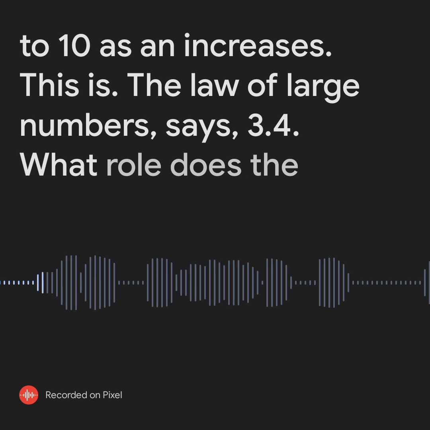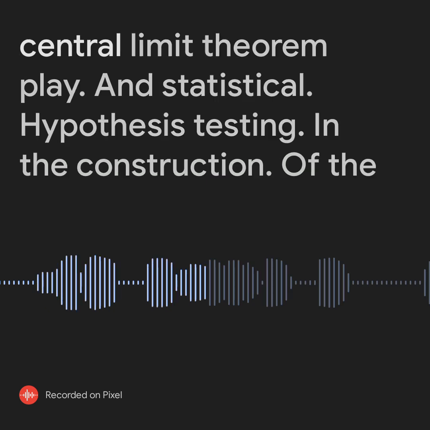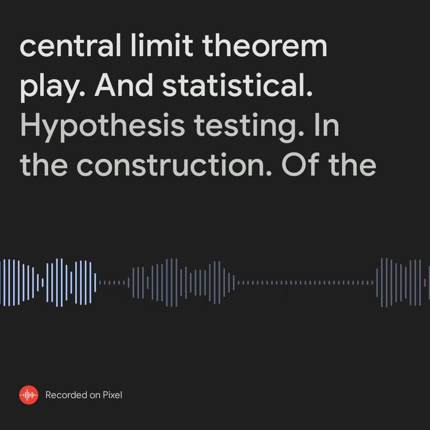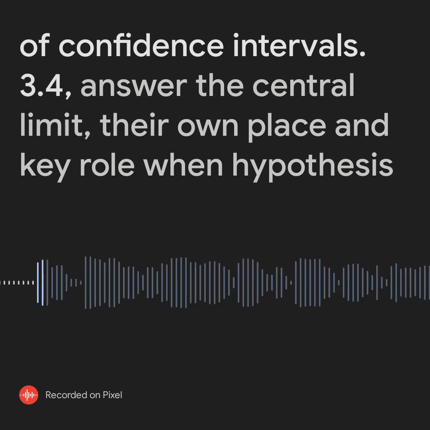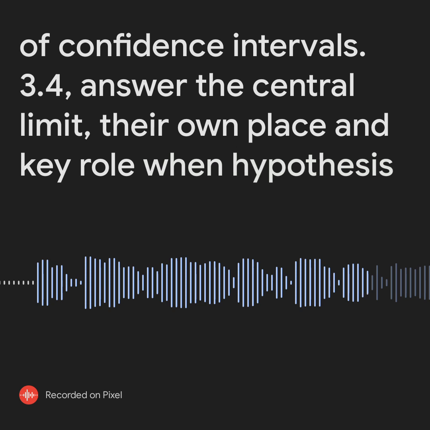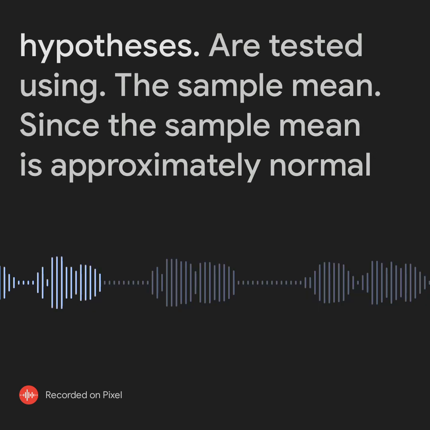3.4. What role does the central limit theorem play in statistical hypothesis testing? In the construction of confidence intervals. 3.4 answer. The central limit theorem plays a key role when hypotheses are tested using the sample mean.